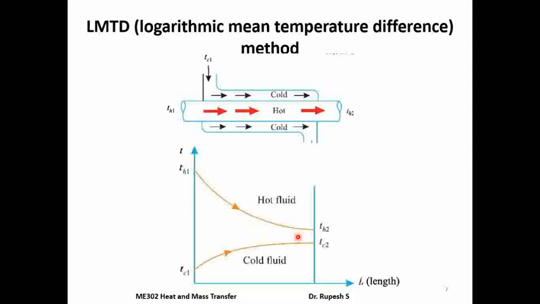That is, in actual practice, even though the temperature difference is varying, we replace this varying temperature difference with a constant temperature difference that gives the same heat transfer rate. This constant temperature difference is known as LMTD, or logarithmic mean temperature difference.